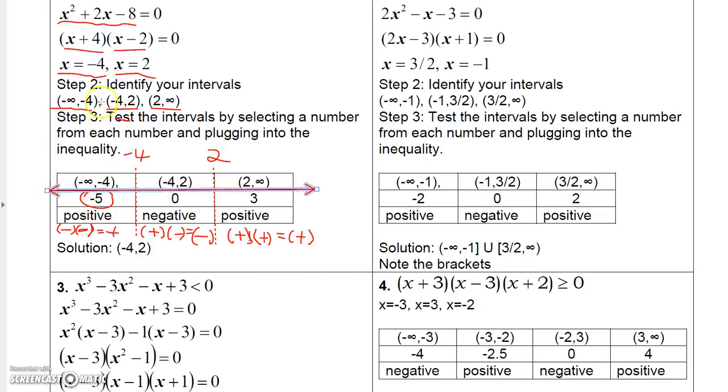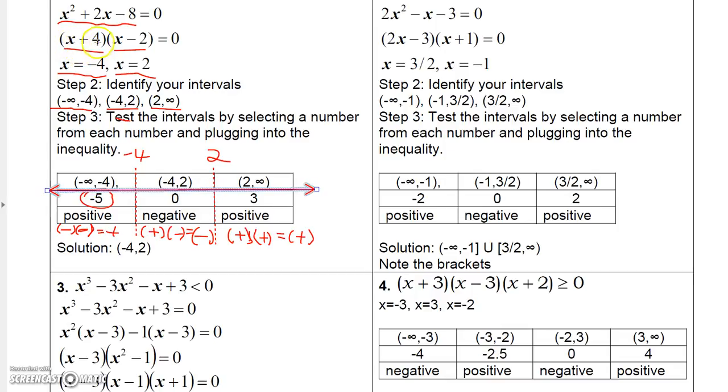And I'm going to put it back into this expression. But I'm not going to put it into the trinomial, I'm going to put it into the factored form. So let me plug negative 5 into the first factor. Negative 5 plus 4 is negative 1. But I really don't care about the value, just the sign.